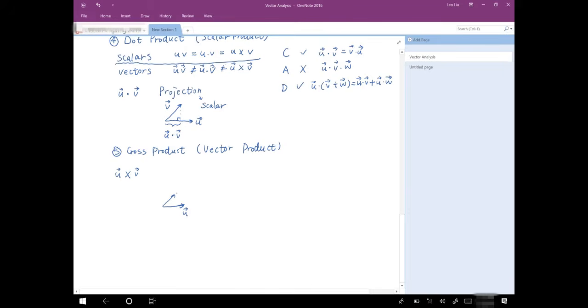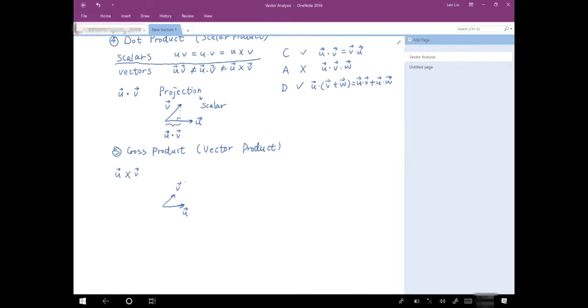Then the cross product of U and V will give us another vector along the direction which is normal to the surface formed by U and V. If U and V are on the surface of this piece of paper, the cross product of U and V is going to be in this direction, normal to the surface.